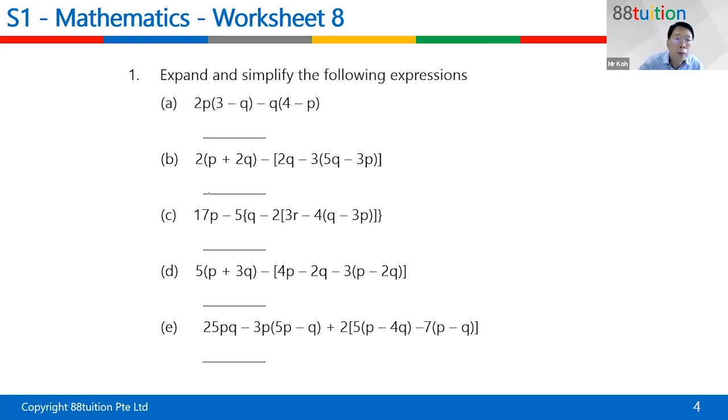So remember, if there's a square, let's say for instance p squared, you just write p and then 2. That means this is a p squared or p to the power 2.